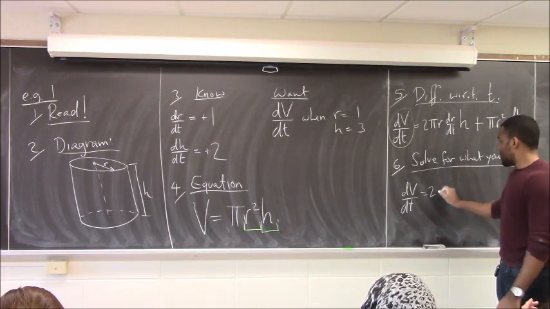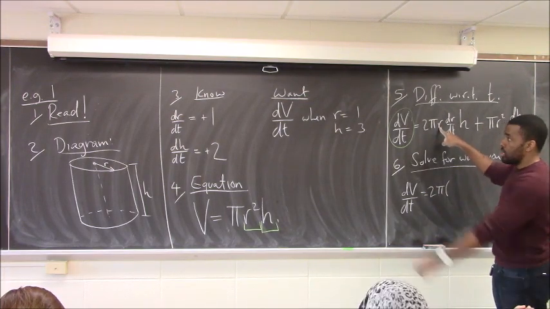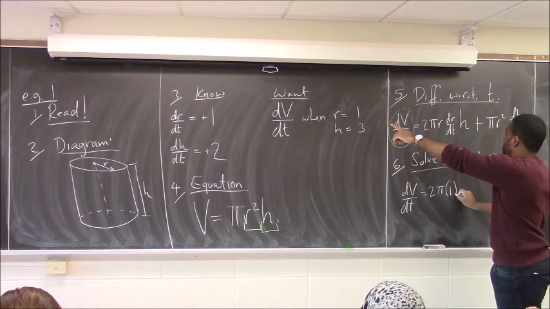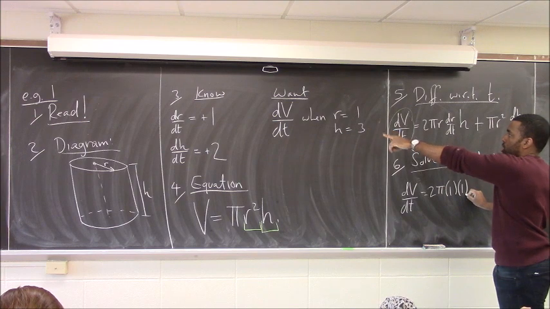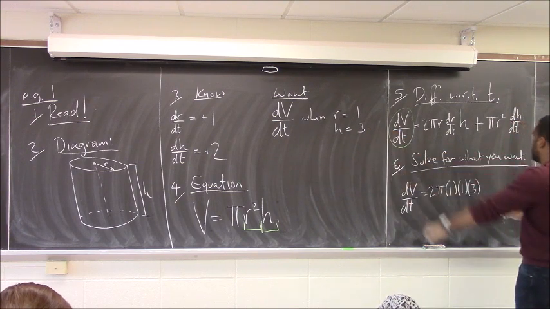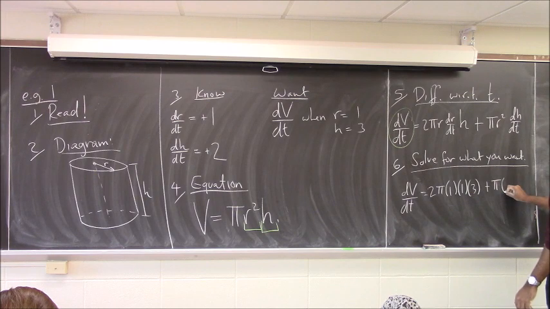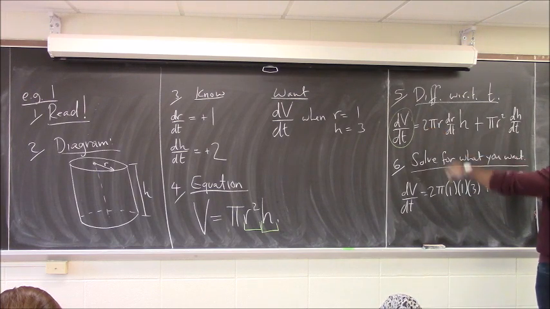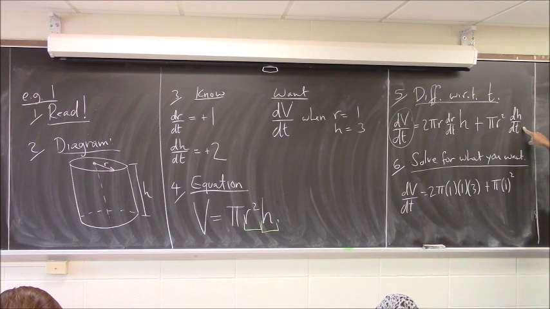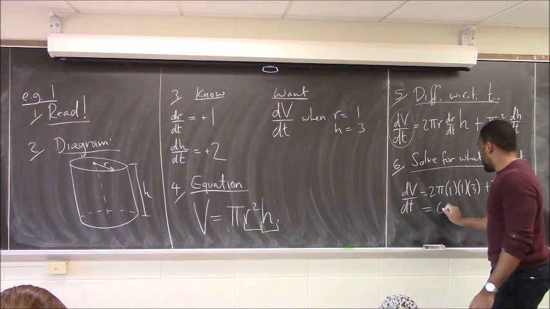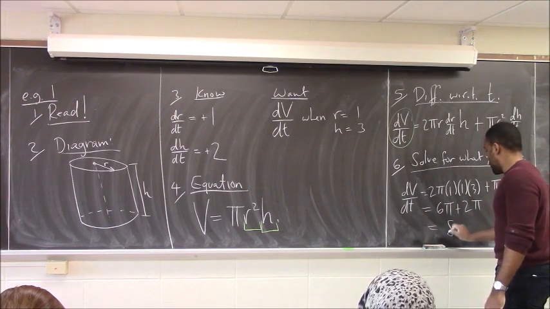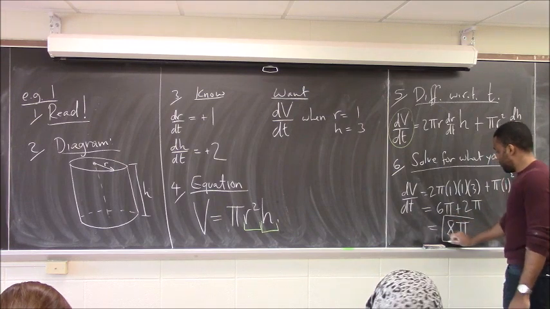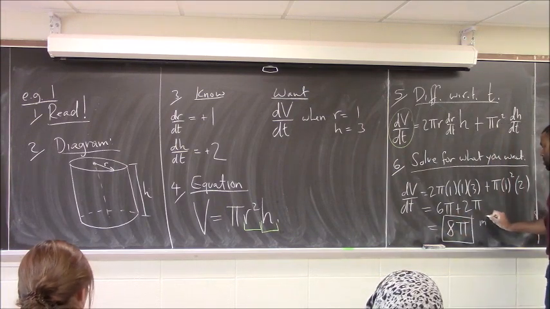But at this point, I'm just going to plug in 2 pi times r, r is 1, times dr/dt, which is also 1, times h, which is 3, plus pi times r squared, r is 1, times dh/dt, which is 2. So ultimately here, I get 6 pi plus 2 pi, which is 8 pi. This is meters cubed per second.